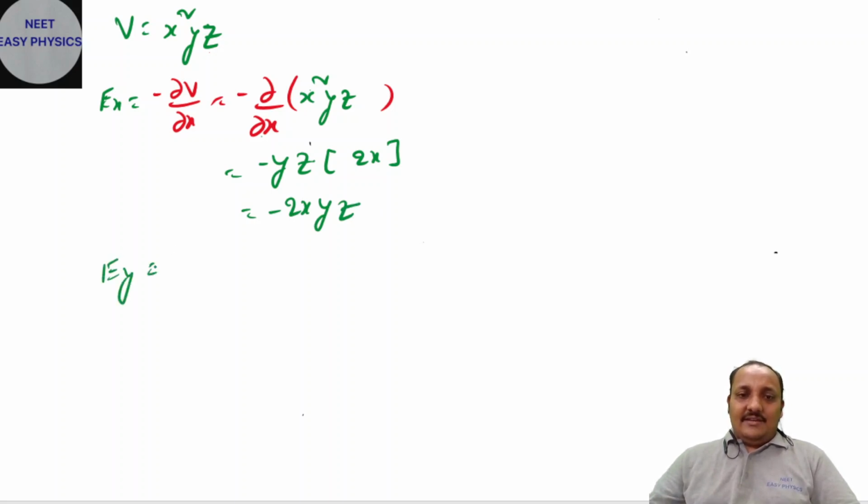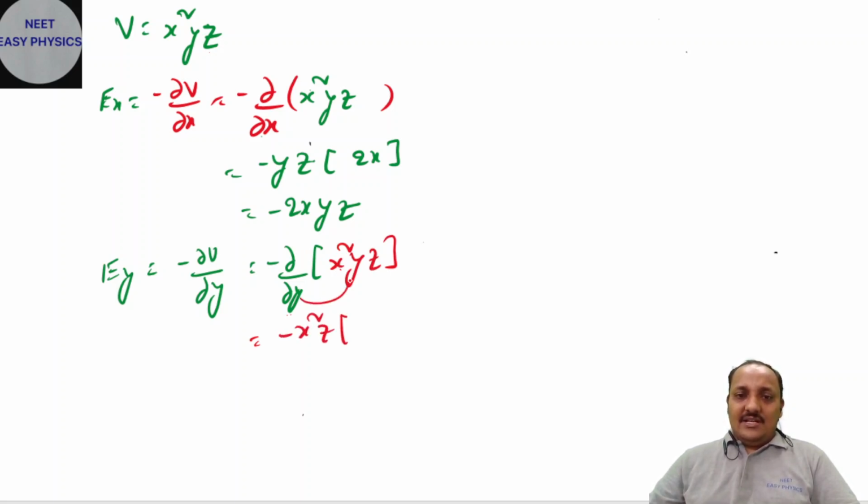Like that Ey. Ey is equal to minus dou V by dou y, so minus dou by dou y of V, which is again x square yz. Now what is constant? x square z is constant. Dou y by dou y is again 1.